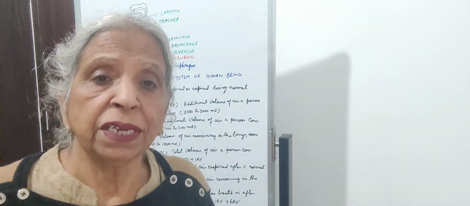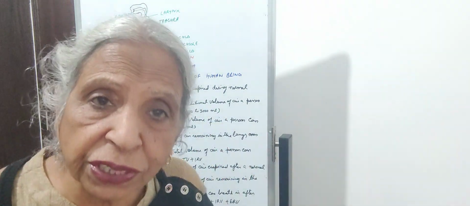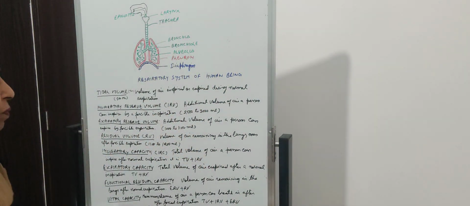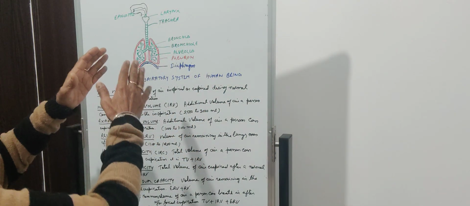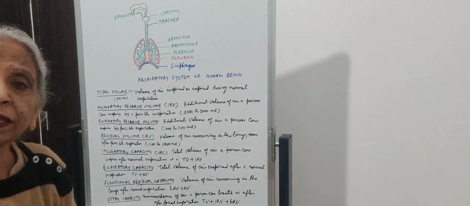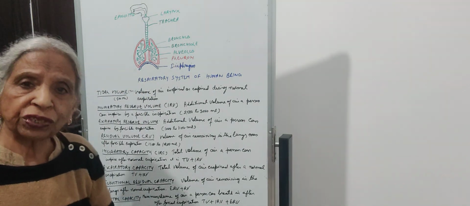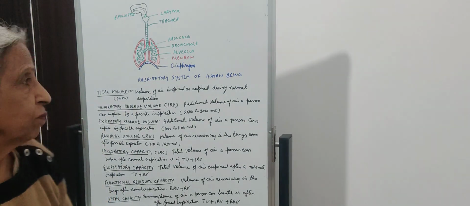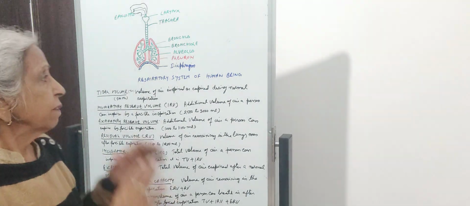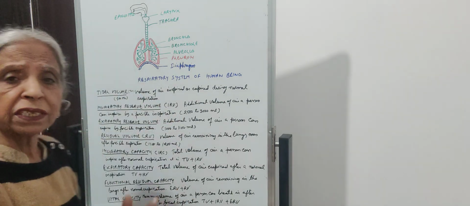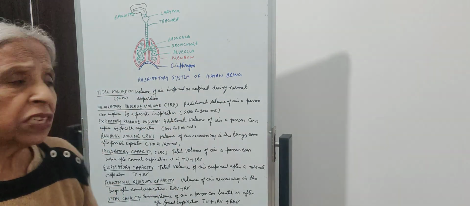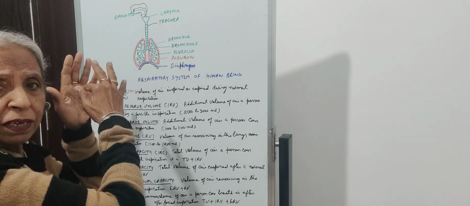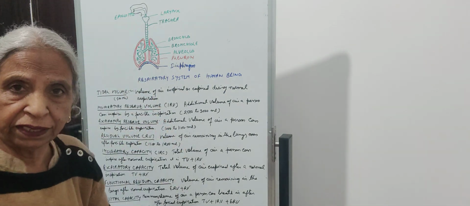How is this concentration gradient established? I told you that the lungs lie in an airtight, closed chamber, the thoracic cavity. The pressure in the thoracic cavity affects the volume of the lungs.